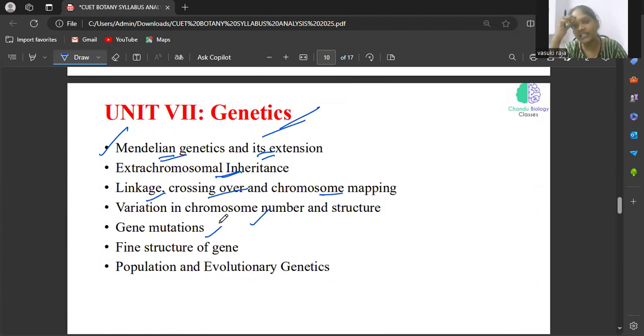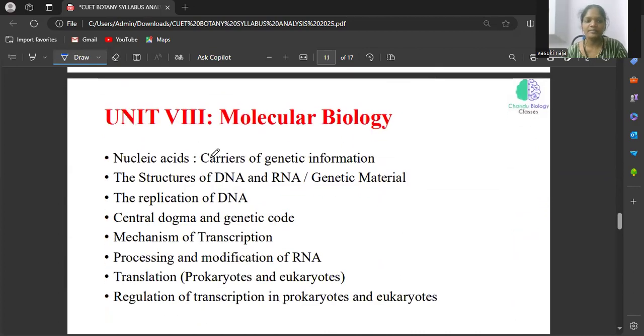When we start reading about gene mutation, we have to start with the definition: what is mutation, what are the types of mutation, what are the mutagenic agents and their examples. And fine structure of gene, population and evolutionary genetics. These are all the topics covered under genetics.